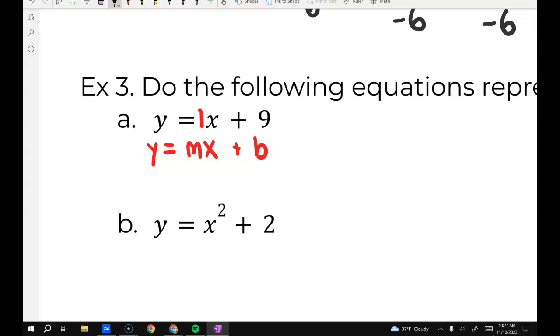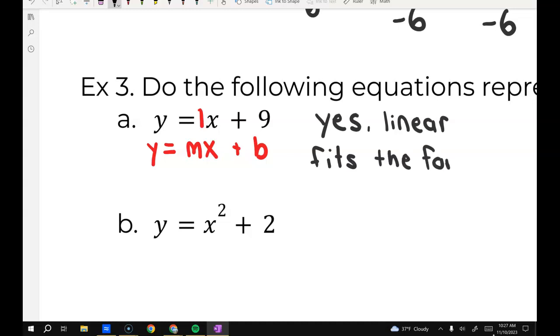We could say, yes, it's linear, because it fits the form y equals mx plus b. And the key thing about linear in that form is that there's only one x.